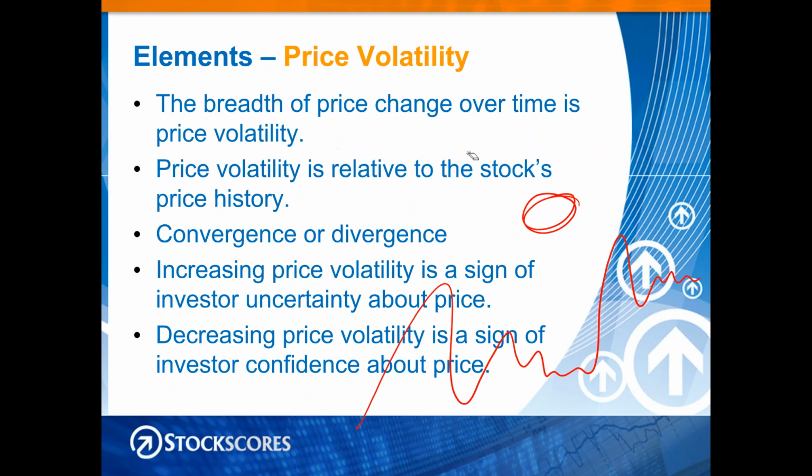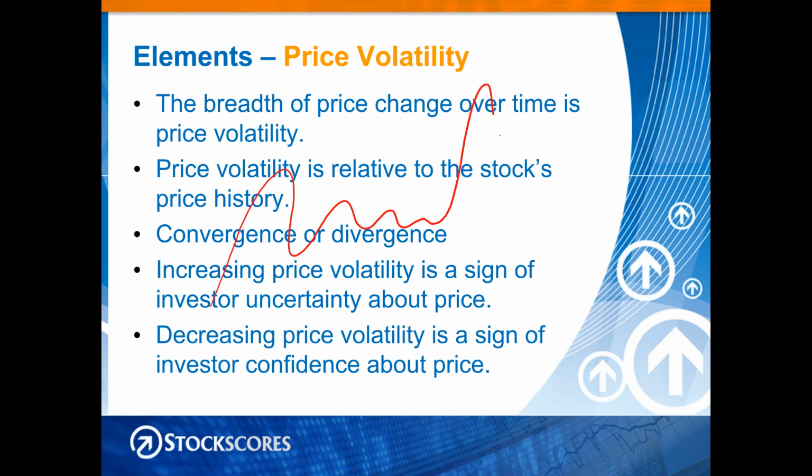Now what we really want to see, this becomes very important when we're defining good pattern breaks, is convergence or divergence of volatility. So let's say I had a pattern that looked like this. Okay, so this is time, this is price, this is the chart that I've drawn here.